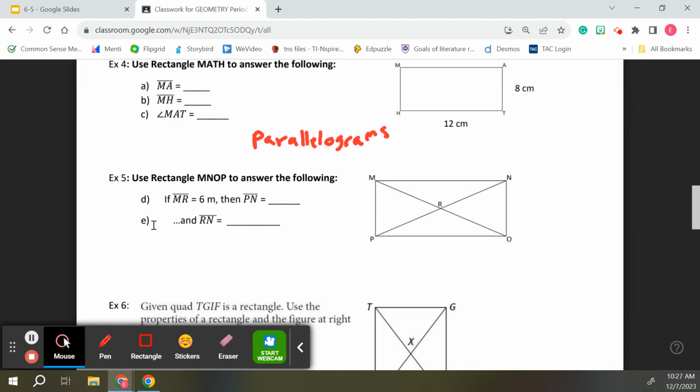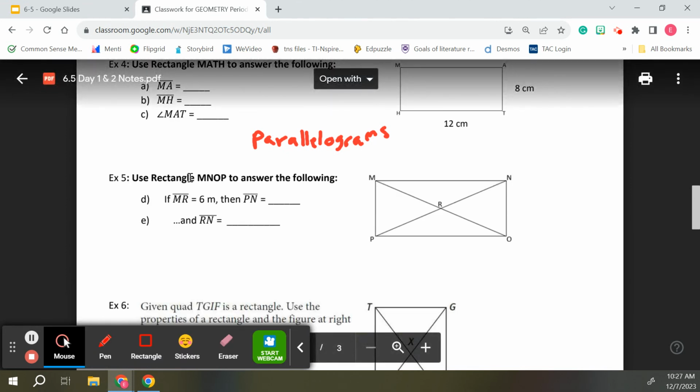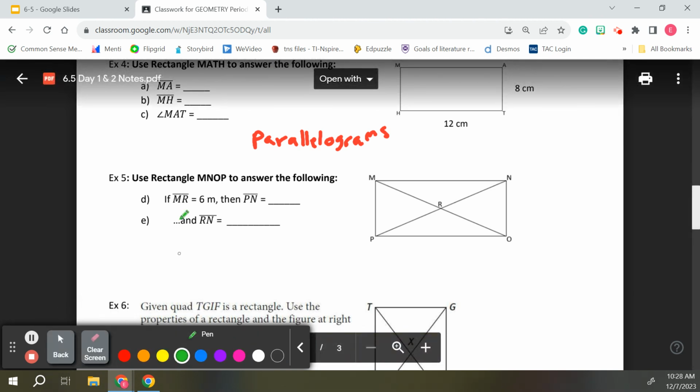All right, number 5. Use rectangle MNOP to answer the following. So in this case, MR is 6, this diagonal right there is 6, then NP, or P to N. Now, one thing you should know about the diagonals of a rectangle, remember, they're congruent, but they bisect each other, right? So if that's 6, this is 6. So then RN ends up being what? 6.